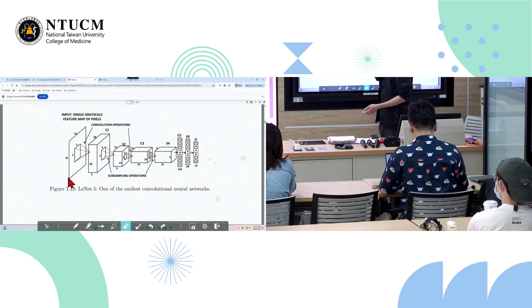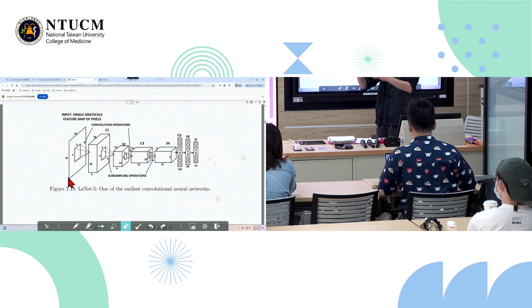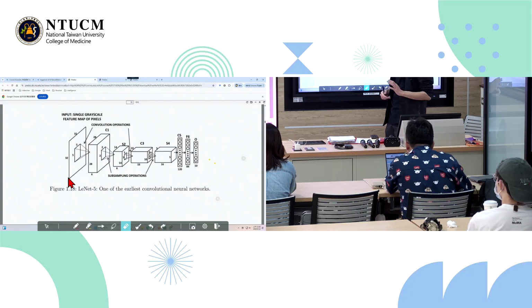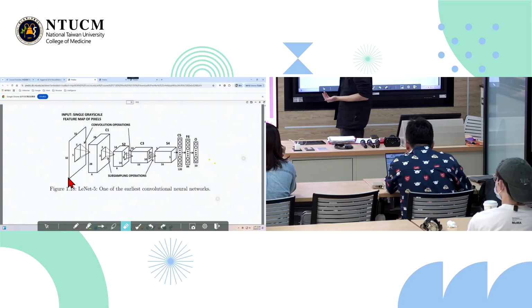Okay, so you have this 32 by 32 picture, and then can it recognize that in this 32 by 32 array, there is a face there, which is the same as if the face appeared somewhere else? So what we call translational invariance.